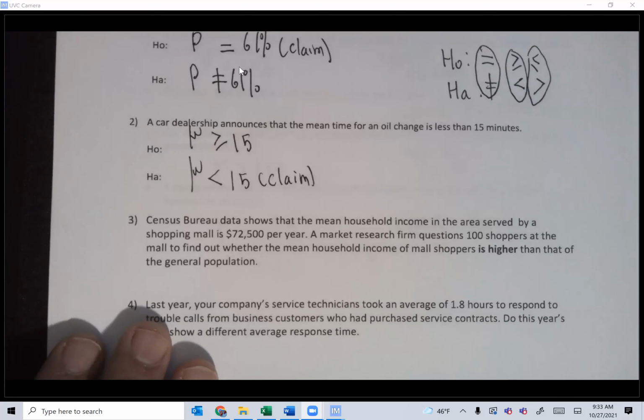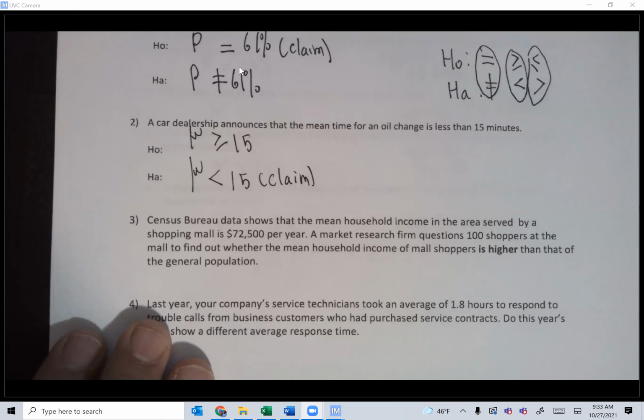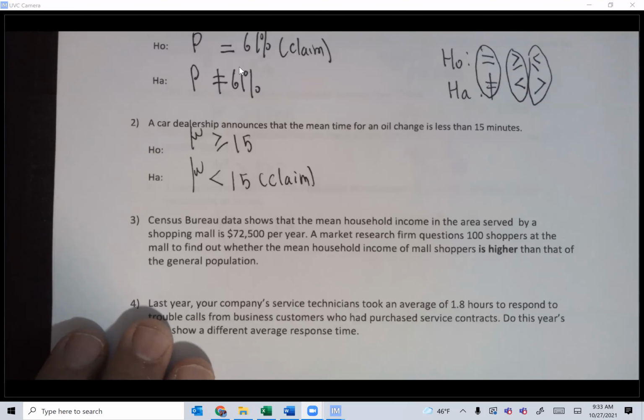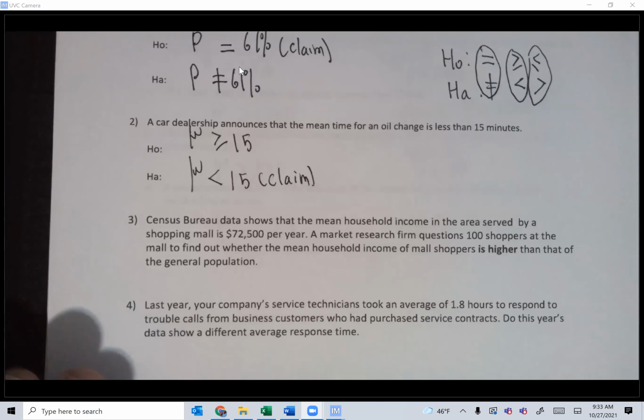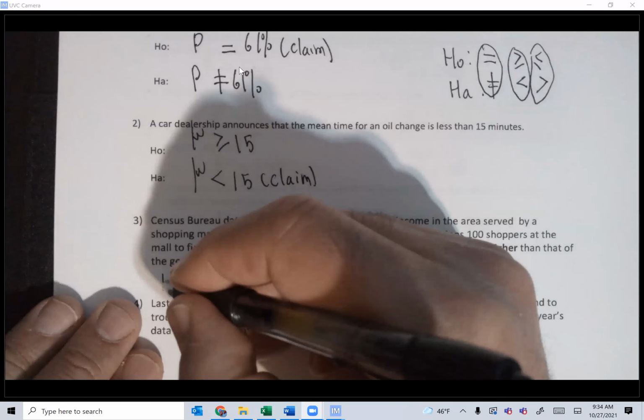Number 3. Census Bureau data shows that the mean household income in the area served by a shopping mall is $72,500 per year. A market research firm questions 100 shoppers at the mall to find out whether the mean household income for mall shoppers is higher than that of the general population. Who can tell me the null and the alternative?